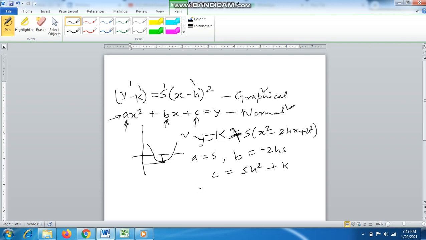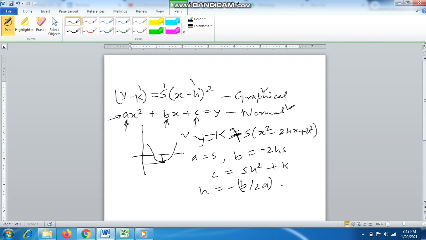We can calculate h, which is coming from here. Once you do the transformation, it is easy to see that minus b by 2a is our h.